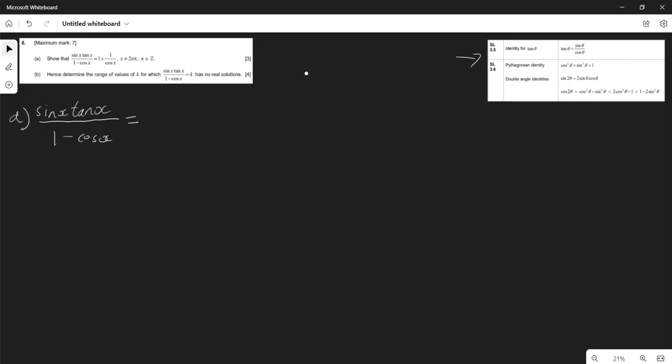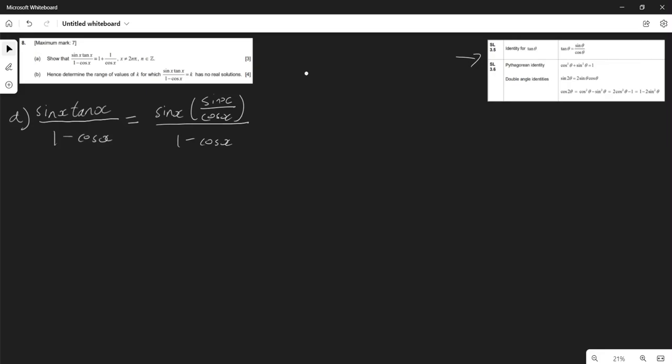If you look at the first one, tan theta equals sine theta divided by cosine theta, this one looks useful because it gets rid of tan completely for us. And so let's just try to put this one into the equation. So we have sine x times sine x over cosine of x, which I just substituted in for tan x, divided by 1 minus cosine of x.